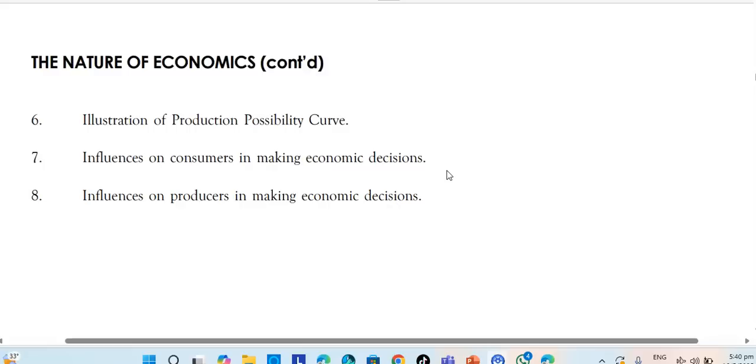Another factor that influences consumers in making economic decisions is prices of goods and services. I don't know about you, but for me, whenever I choose to go shopping for goods and services, I am going to compare the prices before making any purchase.